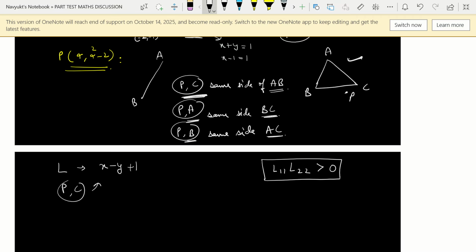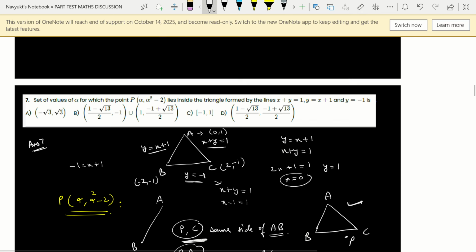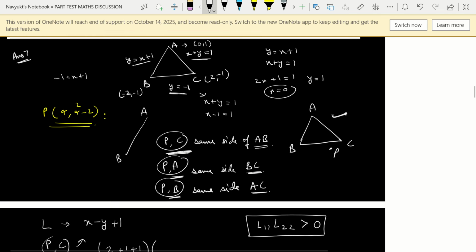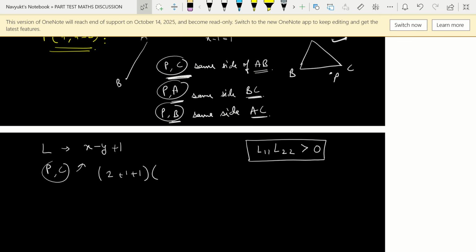Point C is (2, -1). This gives us 2 plus 1, into L22, putting the point P, which is a generic point (alpha, alpha square minus 2). So alpha square minus 2 minus alpha square plus 2 plus 1, right? This should be greater than 0.